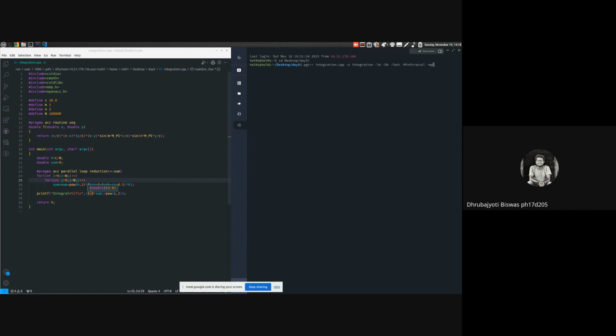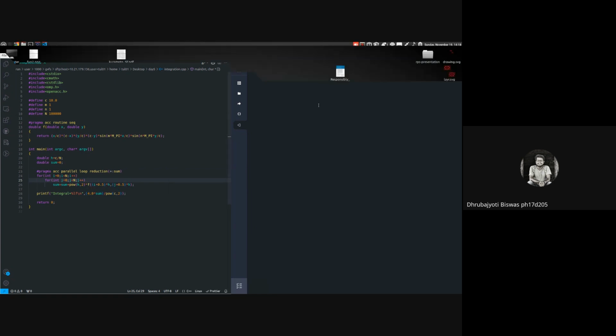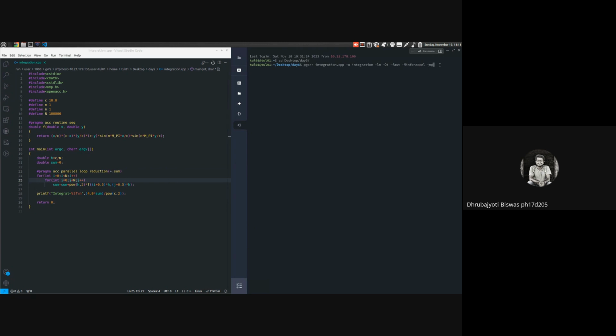Let's say you don't have a GPU, you can use CPU execution as well. For that, you can use something like tile equals multicore. That will execute this loop in multi-core mode so that you don't need the GPU in that case. So first let's see how this works in multi-core mode.